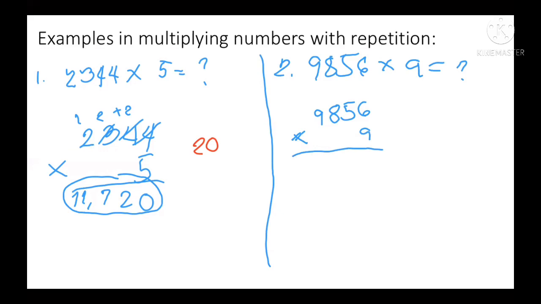The ones place first. So what is 9 times 6? 54. Very good. 54. That means I will put the second digit here, and the first digit will be put on the top of the next number.